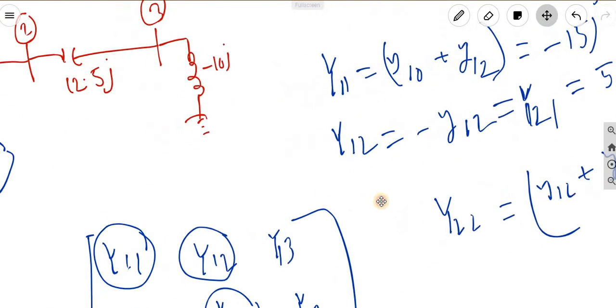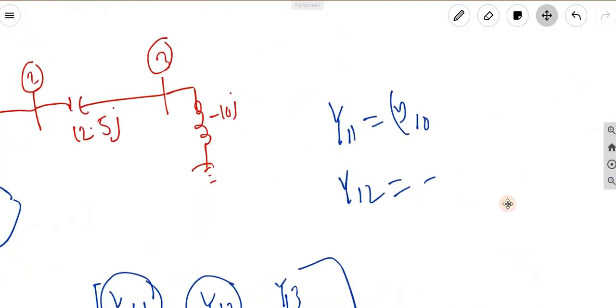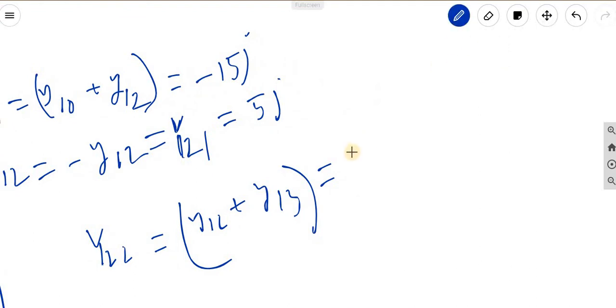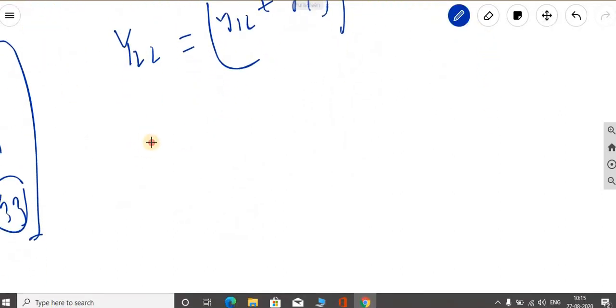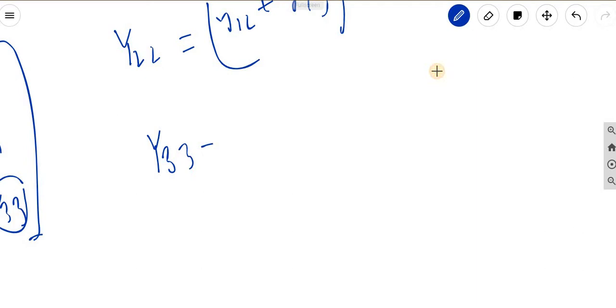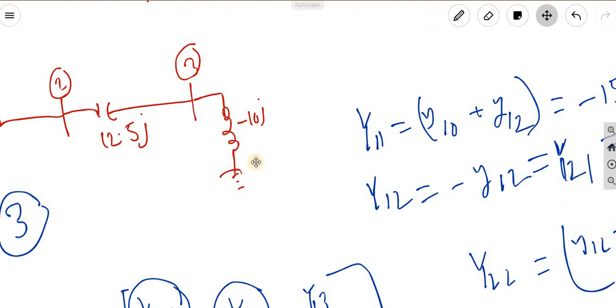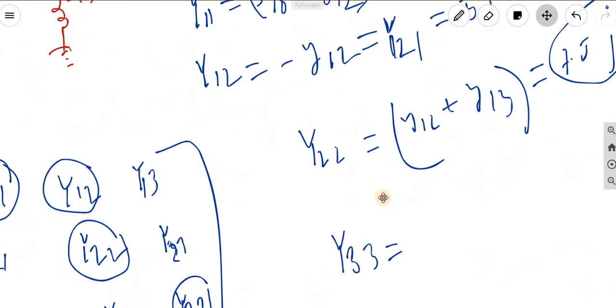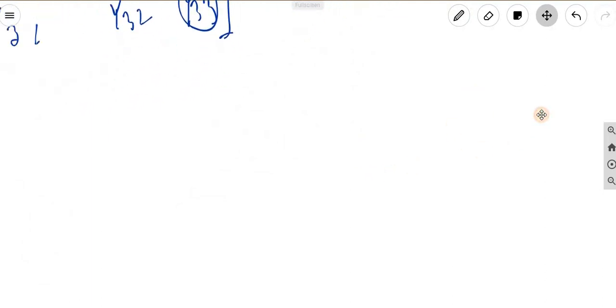So this means actually resulting minus 5 plus 12.5, that means plus 7.5j. So that is Y22. And in the same way Y33 will be, this element simply will add up, so it will be 2.5j.